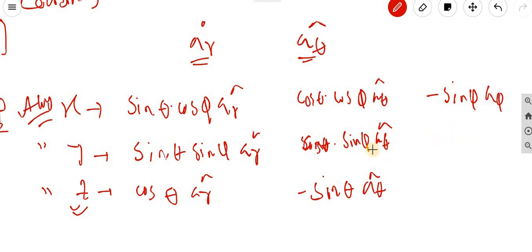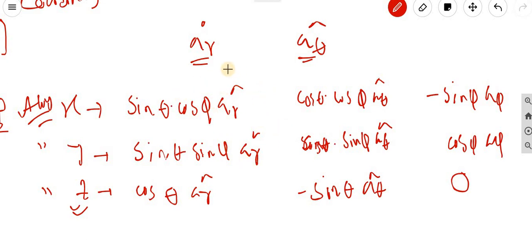This is the cos phi A phi, and there is no component of Z.